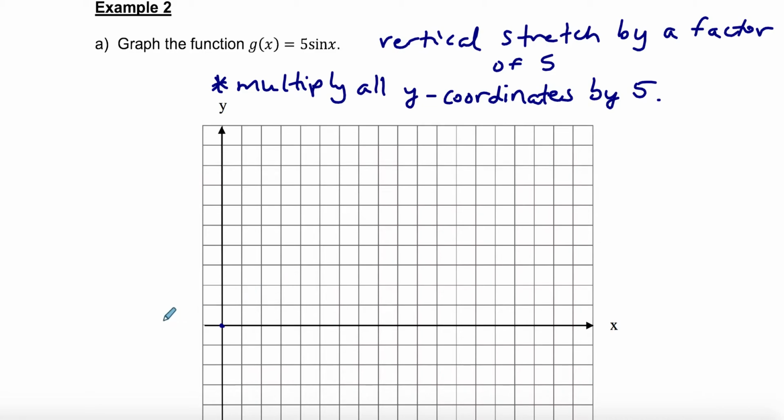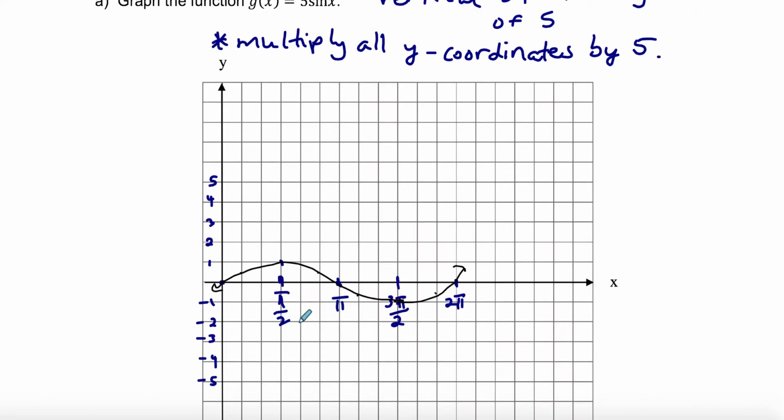What I usually would do is graph our original sine function. Because we had to go up to 5, I didn't space it out as much as I usually do. This would be positive 1 right here and negative 1, showing the amplitude for our root sine function. So all I need to do now is look at my y values. This y value is 0. This y value is 1.